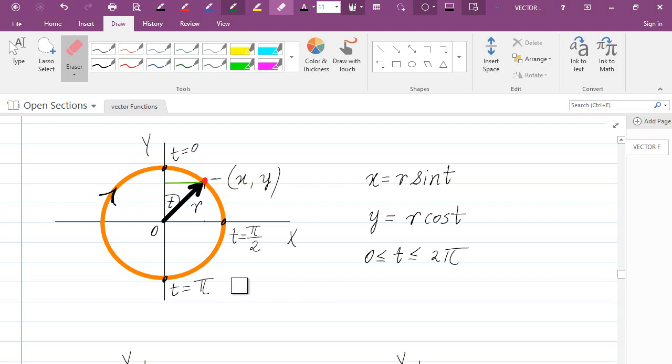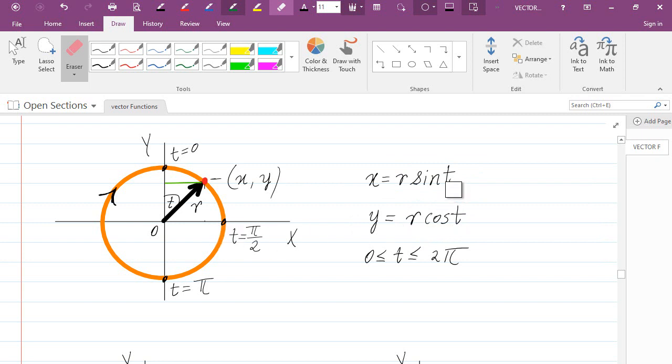So let's check which points we get. When t is 0, x would be 0 and y would be r, so we are at this point. When t is pi over 2, x would be r and y would be 0, so we are at this point.